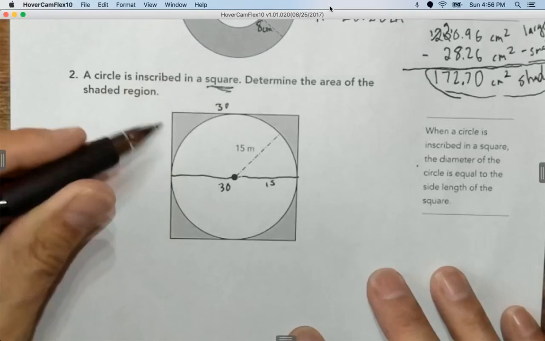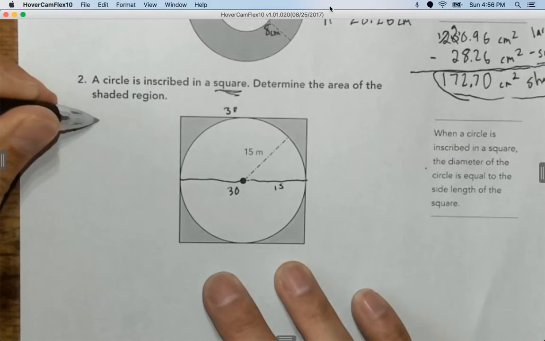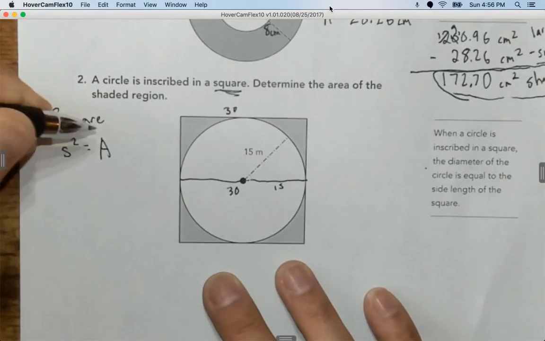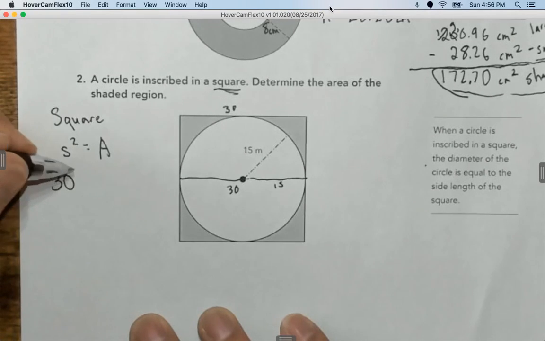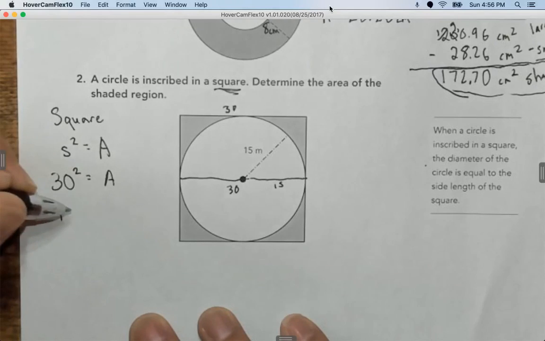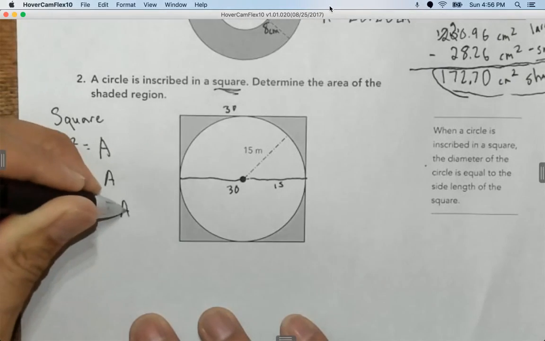And so first I would want to find out the square. That could be the side length squared is equal to the area, because both of the side lengths are equivalent to each other. So I could say 30 squared is going to equal the area of the square, which is 30 times 30, which would be 900 meters squared.